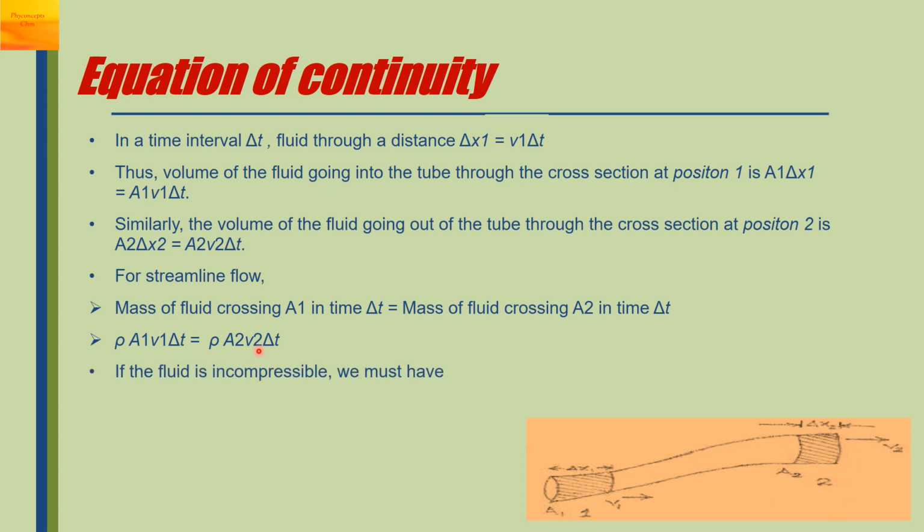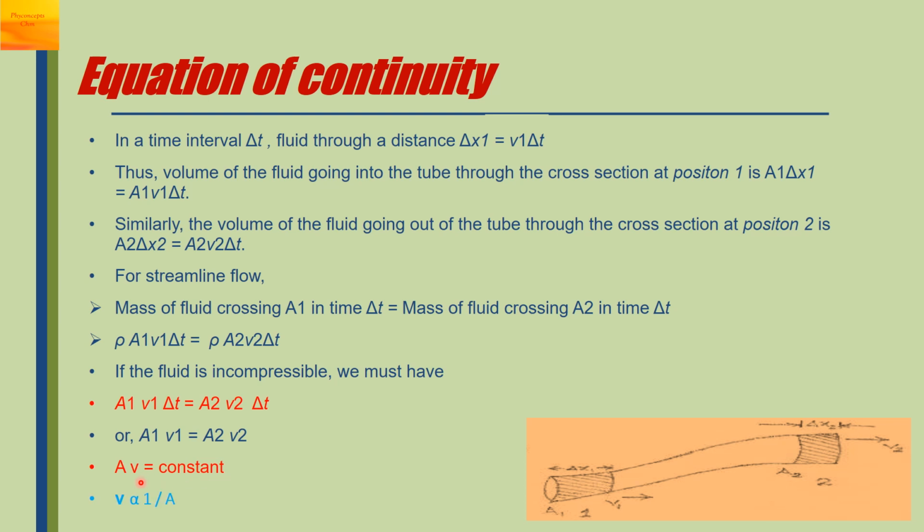As the liquids are incompressible, we are taking this density rho at both the positions to be equal. So now we can write down this as A1 V1 into delta t is equal to A2 V2 into delta t. Rho gets cancelled out, or this can be written as A1 V1 is equal to A2 V2. Hence we can write down as AV is equal to a constant.